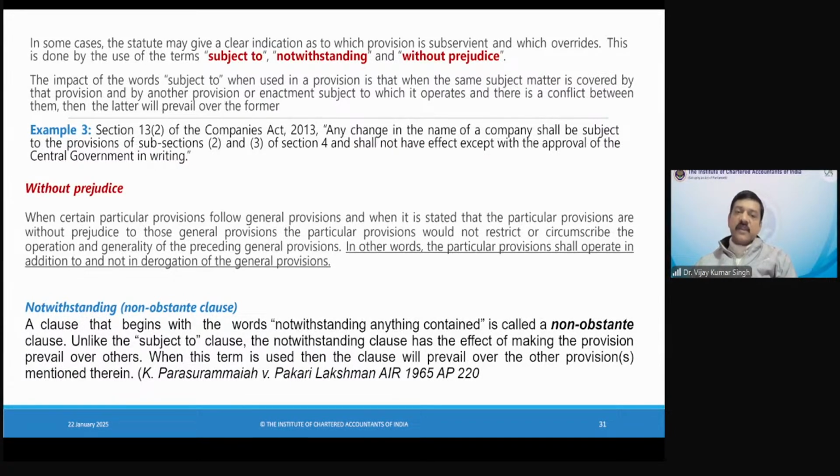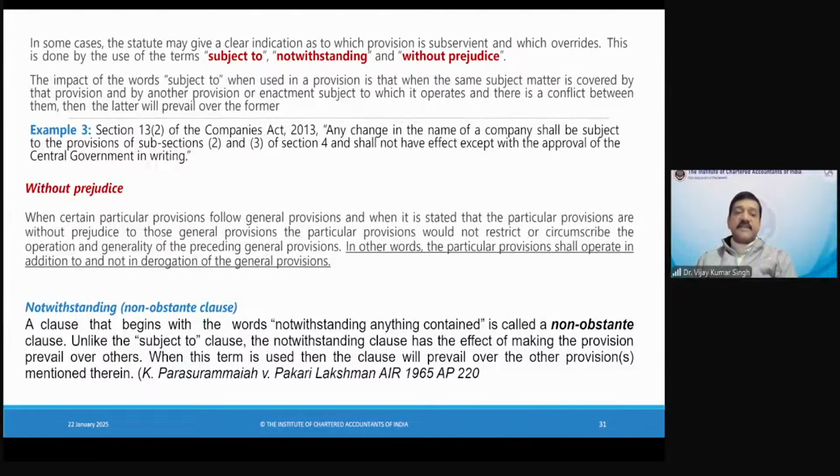So what it is telling you is that you can change the name of a company, but that is subject to those provisions and shall not have effect without the approval of the central government. So this is making section 13(2) constricted. It is not a broader application. It is subject to the provisions which have been mentioned with reference to that, right?